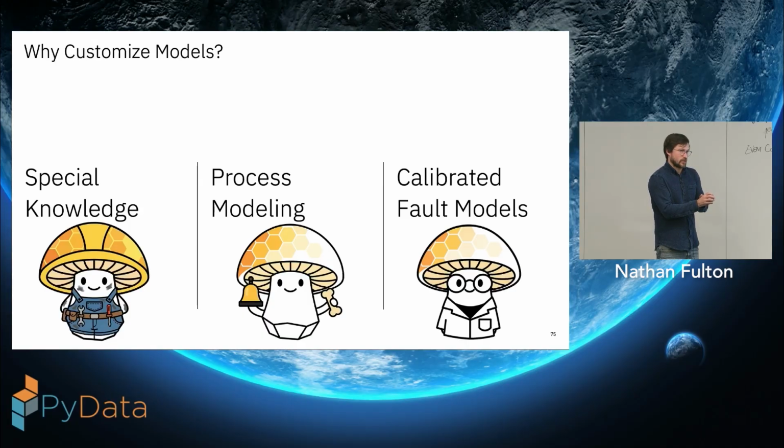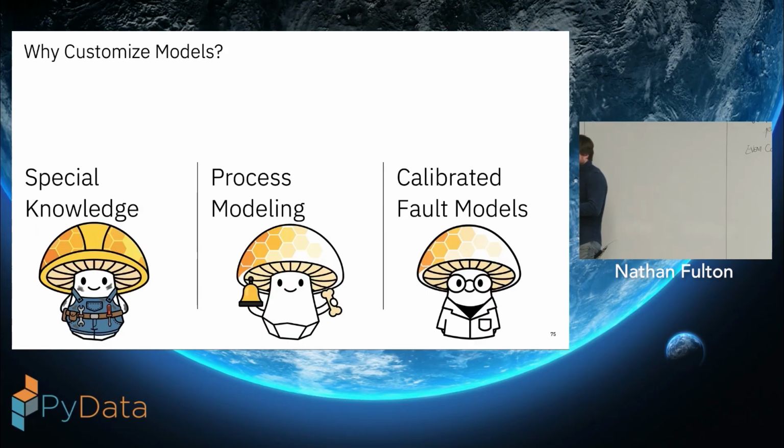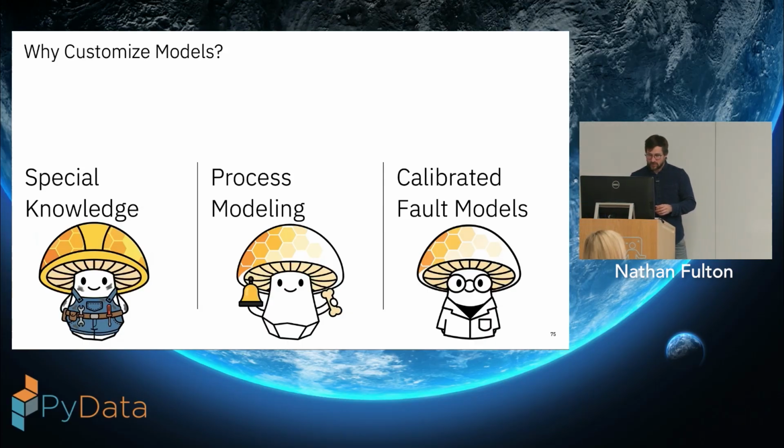So you don't just want a YOLO answer, you want an answer with some sort of confidence interval around it. This is something that you can train a model to do. If the model can do the task, then you can build a data set that does the calibration thing, and you can get a model that is calibrated in some sense, but it's not going to be off the shelf. So these are 3 reasons why you might want to customize models.